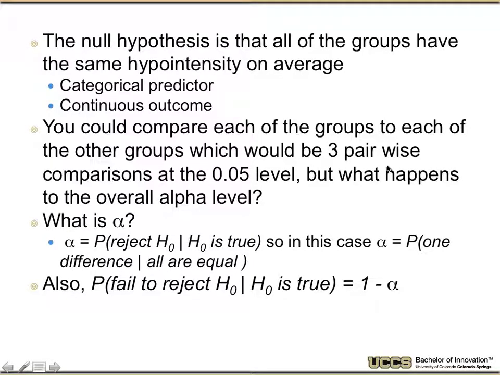We can compare each of these groups by doing three pairwise tests. But if we do that, and I will make this into real numbers here, what's the overall alpha level, the chance that I will reject something that I should not have? We just went through this math. We compute 1 minus alpha.